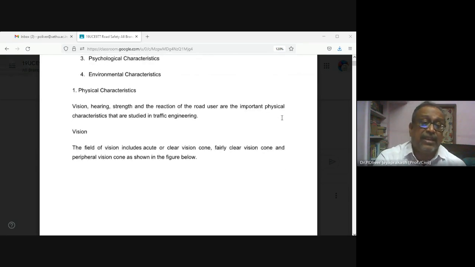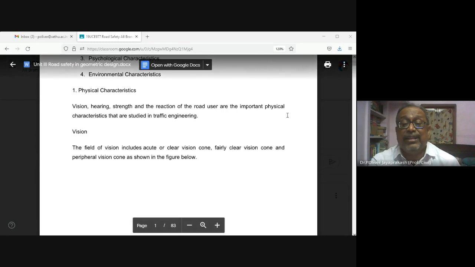First one, physical characteristics, as you know: vision, hearing sense, physical strength, and how they react to external stimuli. And these characteristics are going to decide the braking distance, braking force or brake efficiency, vehicle design, and the posture in which the driver has to sit or drive.